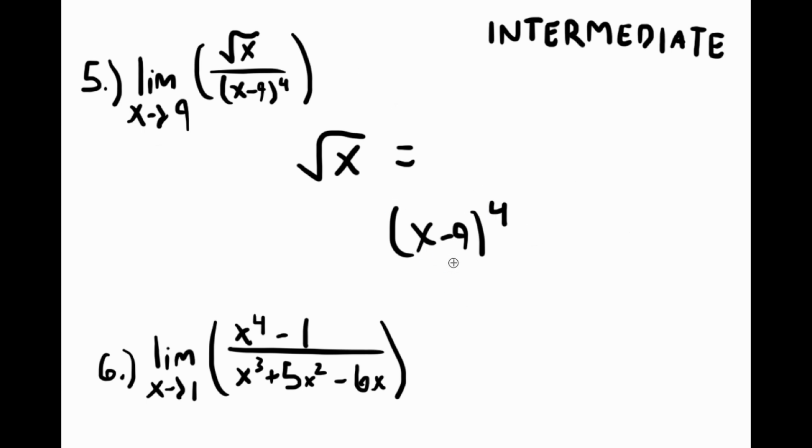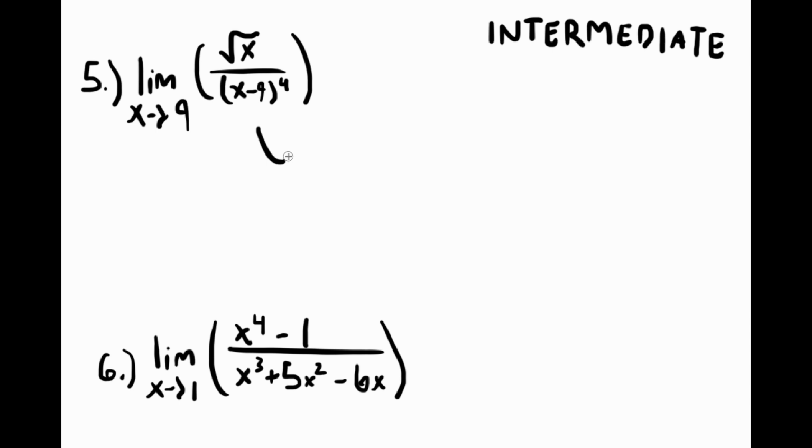So we're going to create a new limit that will help us take care of the denominator. We're going to turn this function in terms of t, as t approaches 0, because t is basically approaching 0 as x closes in on 9.